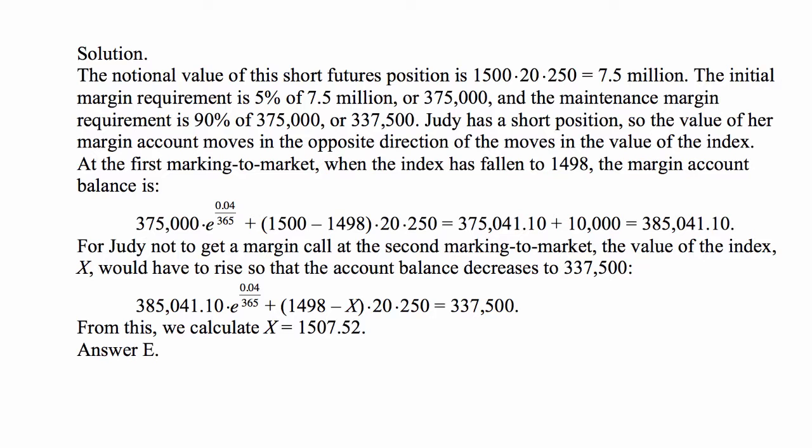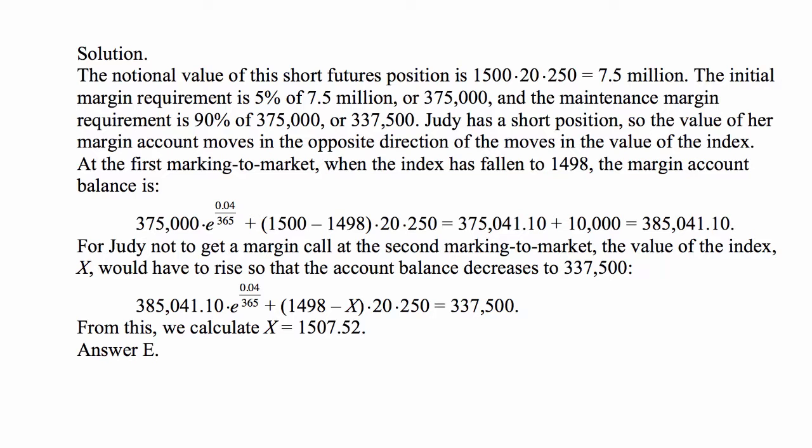So the balance of the account then would be, well, in 1 day the previous balance accumulates at the continuously compounded rate of interest of 0.04, and then X would have to be larger than 14.98 because she's short, but the change in the value would be 14.98 minus X times 20 times 250, and all this, after adding that change to the previous balance accumulated with interest, would have to be 337,500.